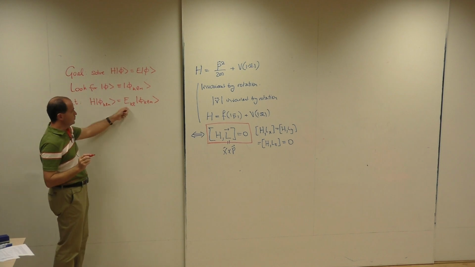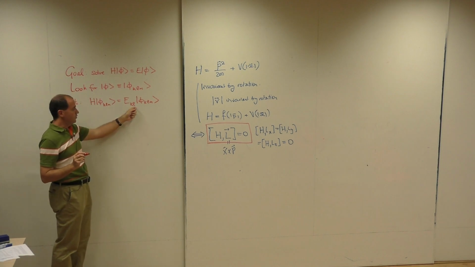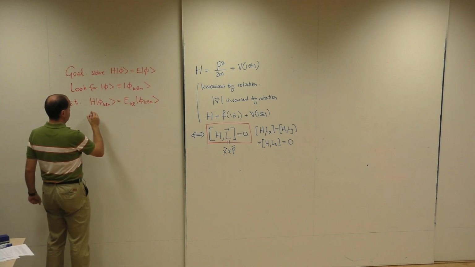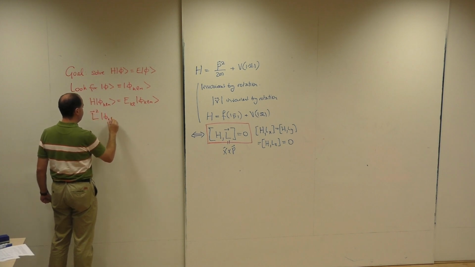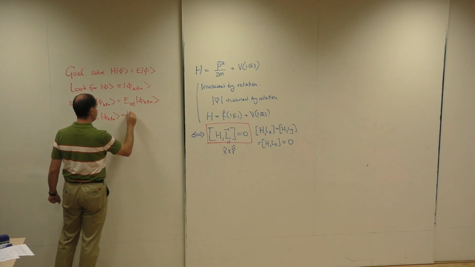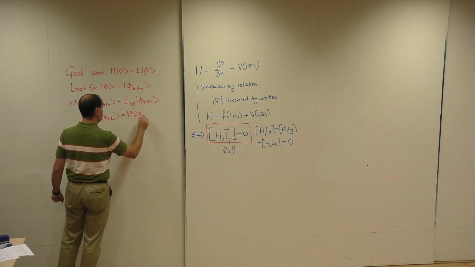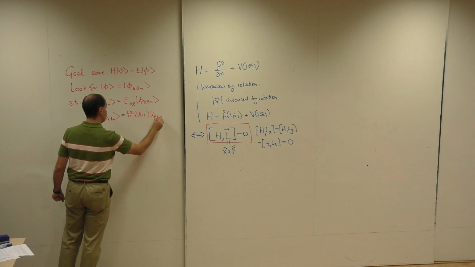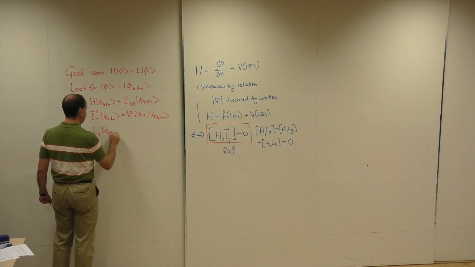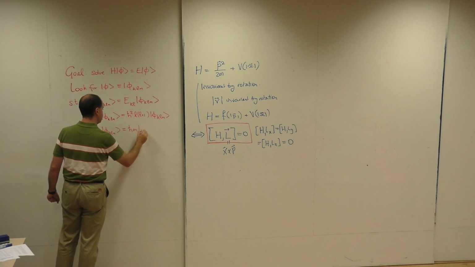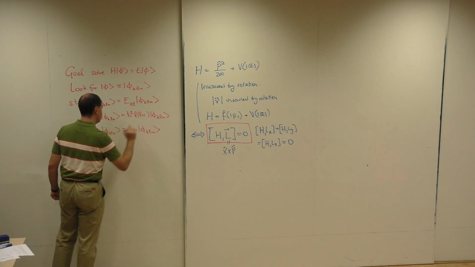Remember, if something commutes with the Hamiltonian, its eigenvalues cannot depend on M. Then we also request that L squared on phi KLM is equal to h bar squared L times L plus 1 phi KLM, and we request that Lz on phi KLM is equal to h bar M phi KLM.